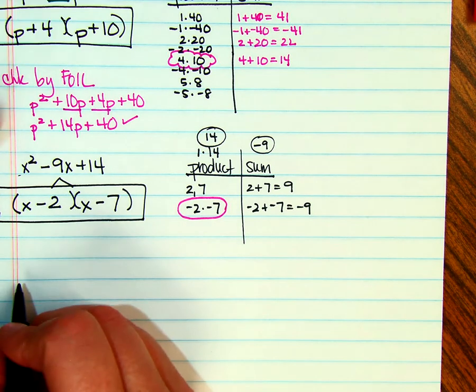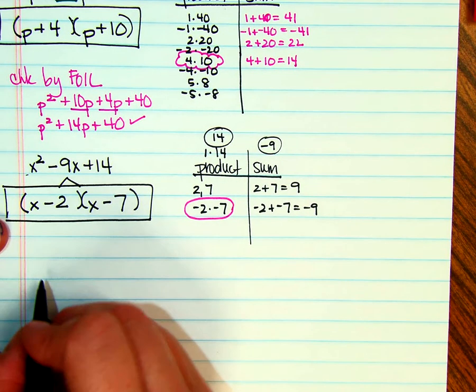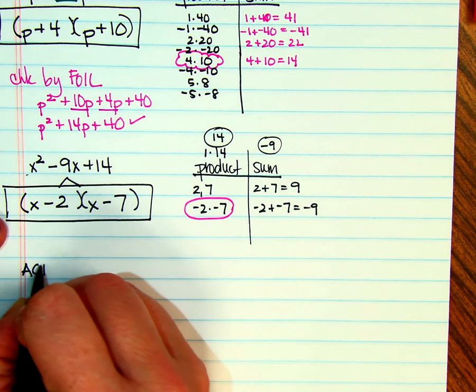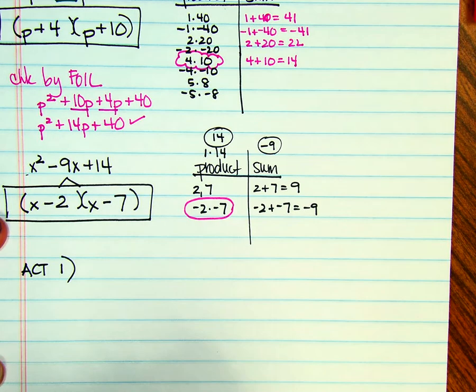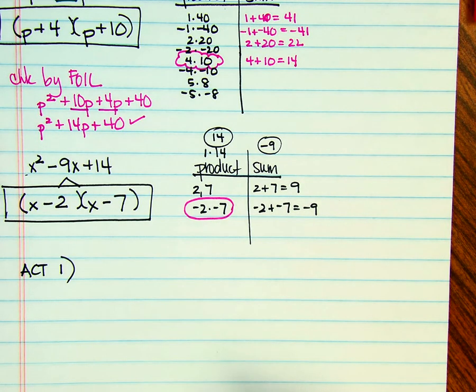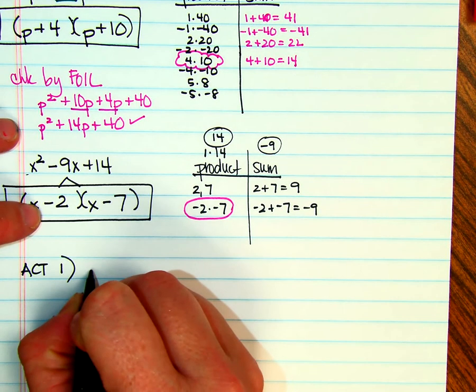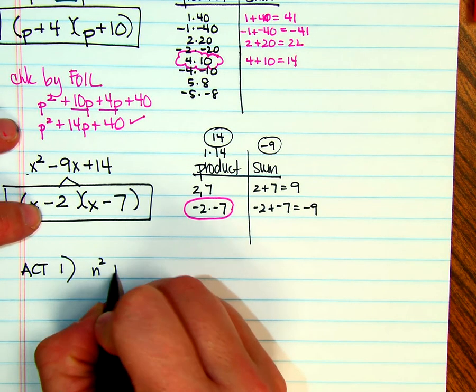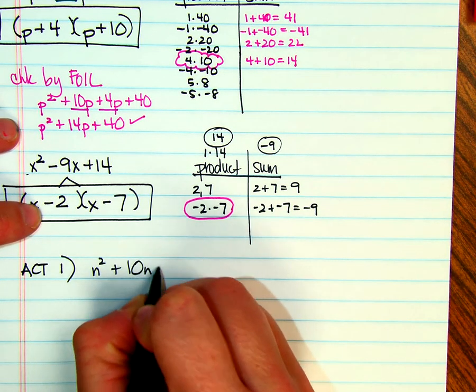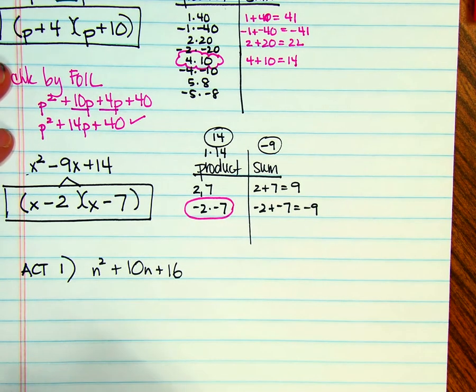Here are some activities I'd like you to try. So activity 1. Give this a try and then come to class with this completed. Let's try n squared plus 10n plus 16.